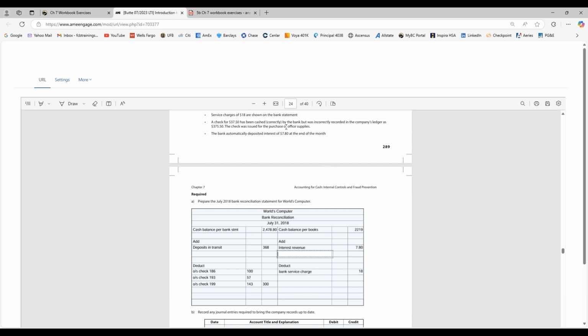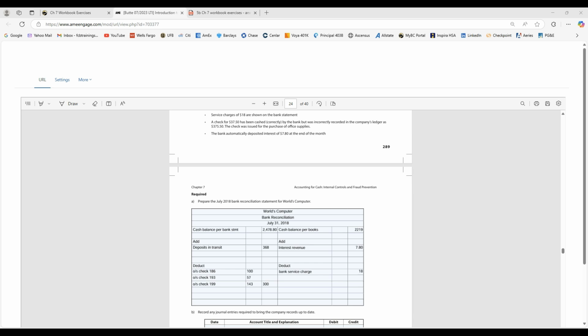And then this one where we have the bank error or some kind of error. I'm not sure if it's on the bank side or book side yet, but let's take a look. A check for $37.50 has been cashed correctly by the bank, but was incorrectly recorded in our ledger as $375.50. The check was issued for the purchase of office supplies. So the bank did it right, and the bank went down $37.50 on cash.